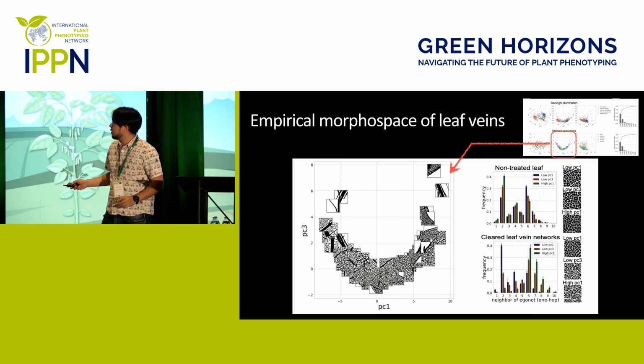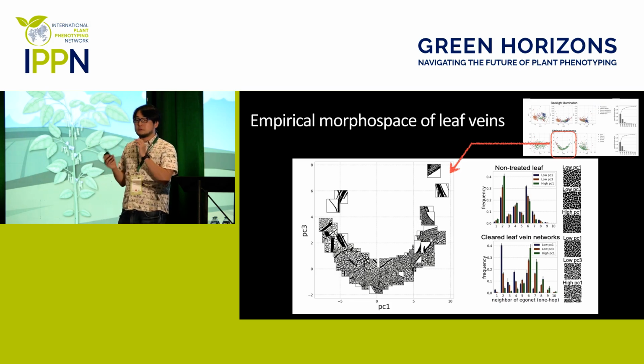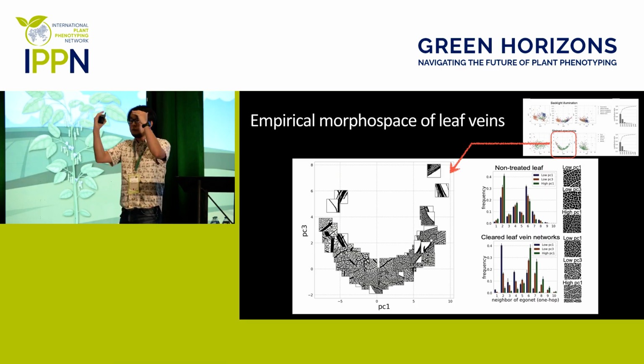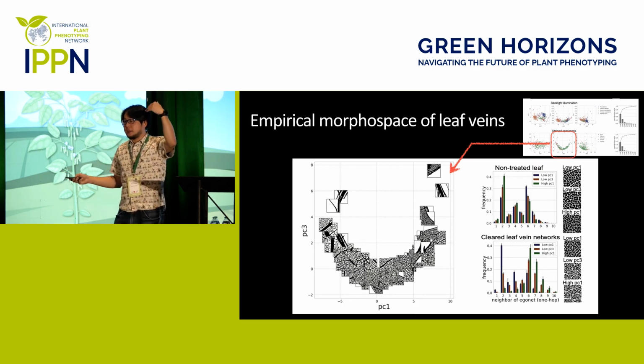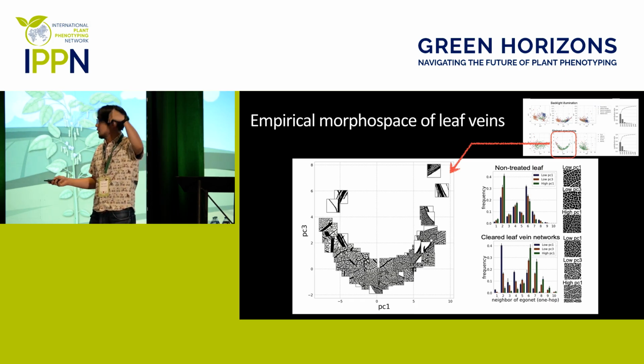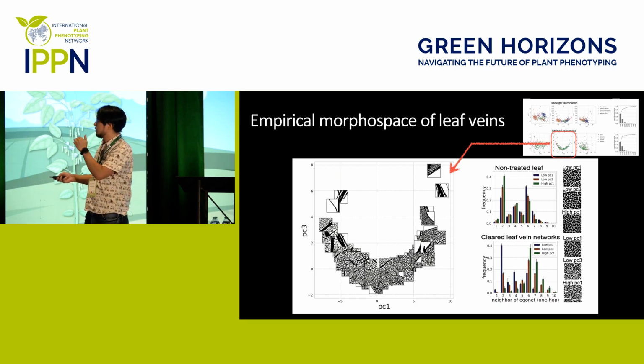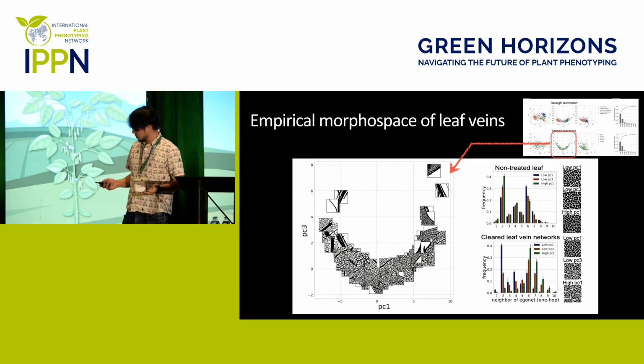And in this region, we can also observe a closed loopy structure, like that. The higher order venation pattern gradually changes along this line from the tree-like structure to the closed loopy structure. But why?